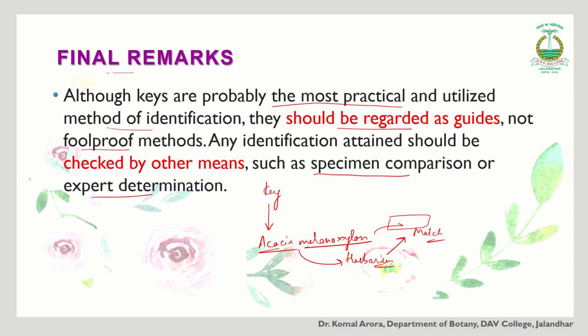So this is how you should definitely use taxonomic keys as identification aids, but these are not foolproof methods. So you have to authenticate your results with the help of either herbarium specimen matching or with the help of some expert. Only then the data should be considered as the authenticated one and it should be presented.